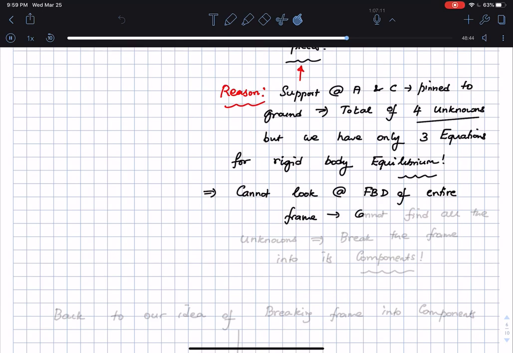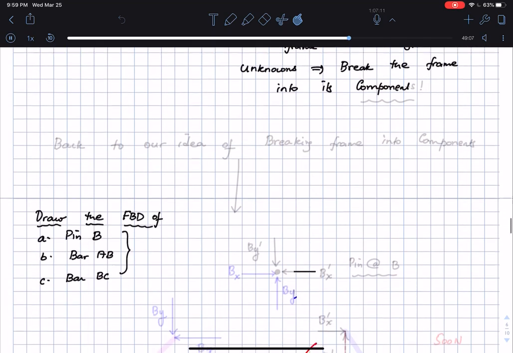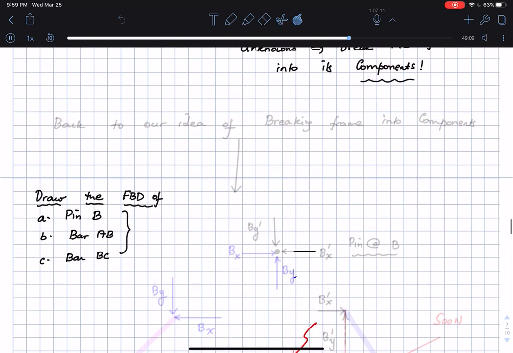That is, cannot find all the unknowns, which is why we break the frame into its pieces or components.